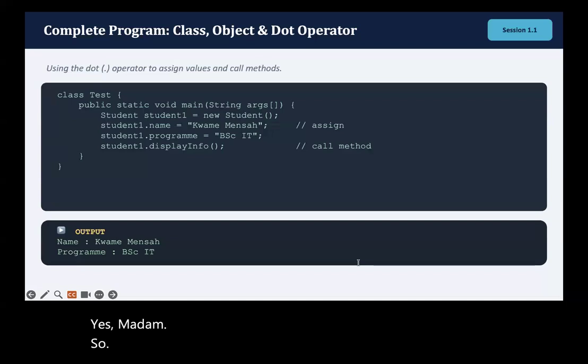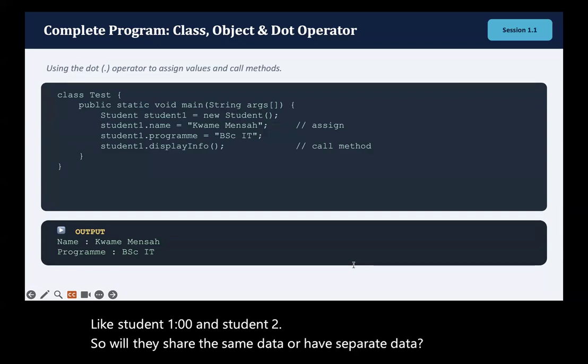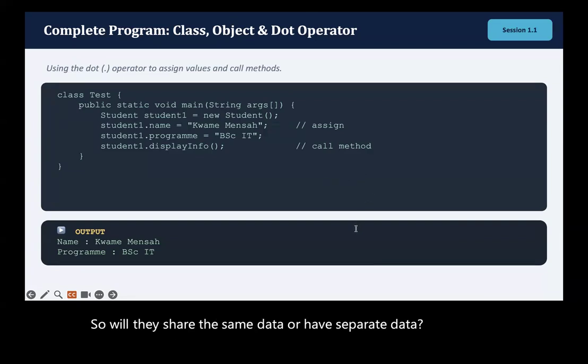If I create two objects like student1 and student2, will they share the same data or have separate data? My question is, I'm creating two objects.